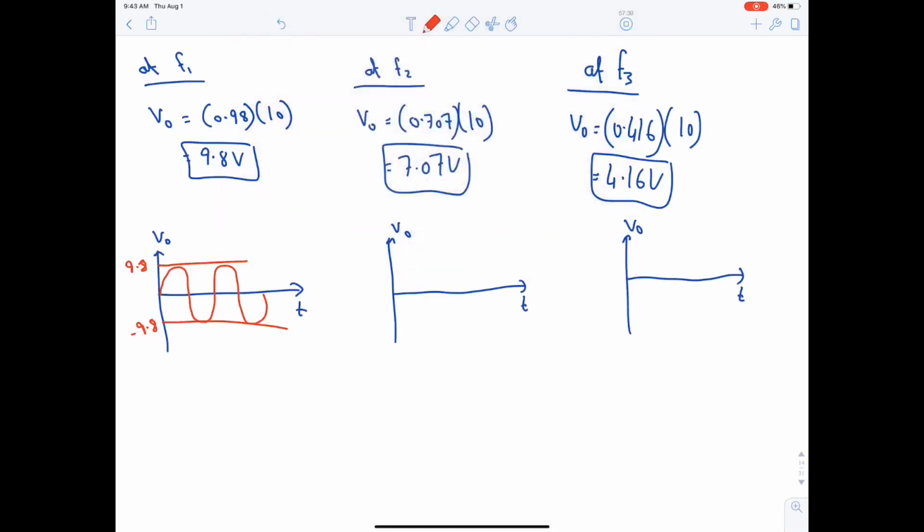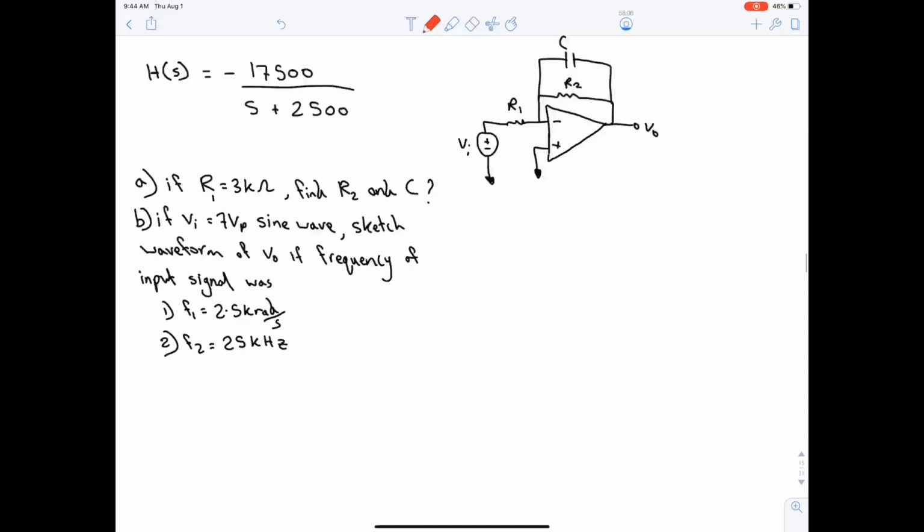The only difference is that the amplitude is changing, but here it's just a sketch. You will not notice this. 7.07, and you do not have to make it clear. It's just a sketch. Okay. 4.16 and minus 4.16. Okay, so we're done with this question. Next question.